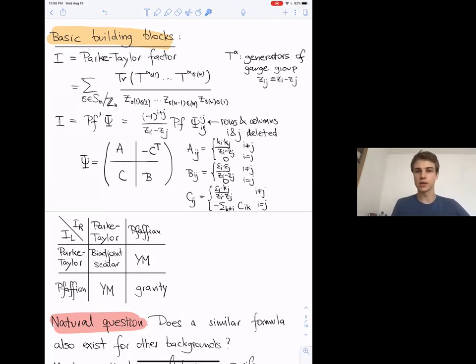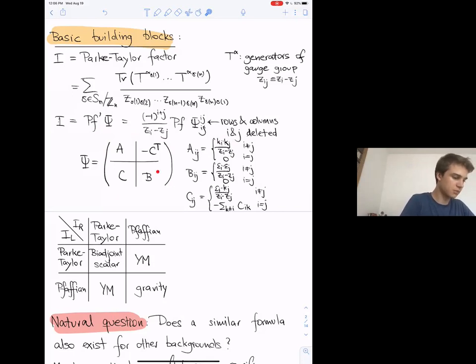Okay, and the other important building block that one often meets is this Pfaffian. We can take this I to be a Pfaffian of a certain matrix, and that matrix we can write in this block form. This A matrix here contains all the momenta, so it's ki.kj over Zi minus Zj.